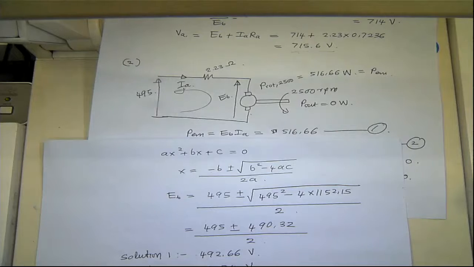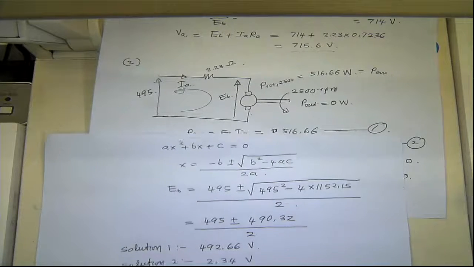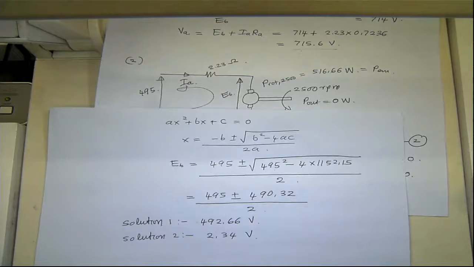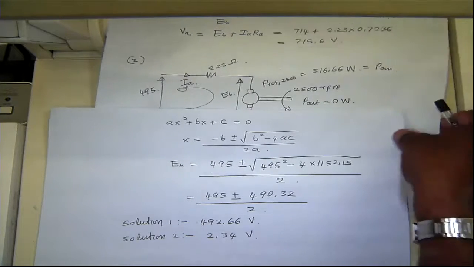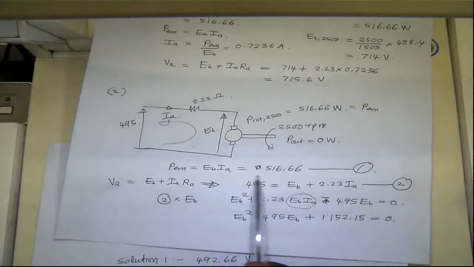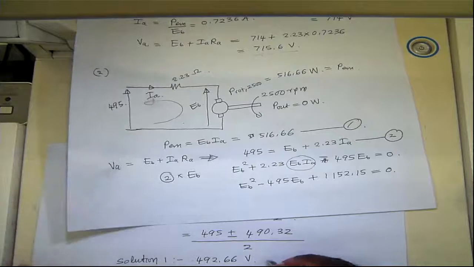So which solution do you think is a valid one? This one? We will look at the current as well. So let's say if we substitute this into equation 1, so equation 1 is this, so we can find current.